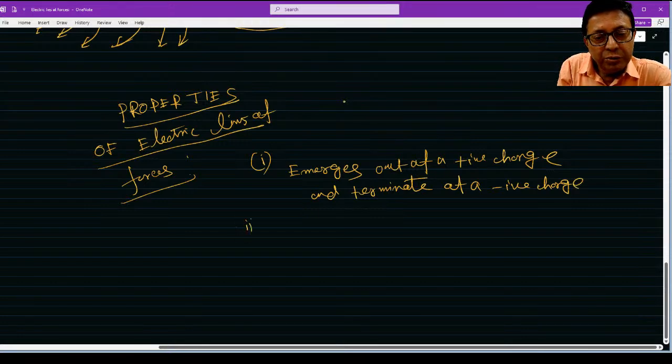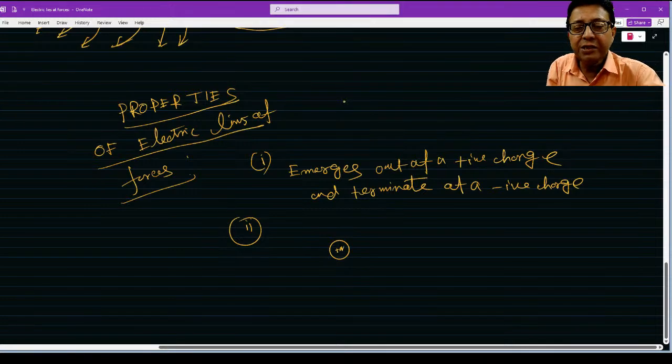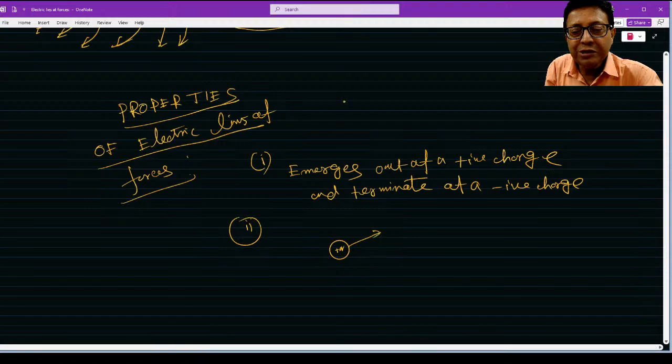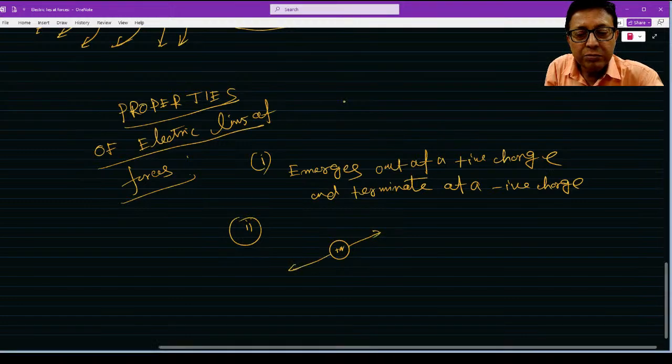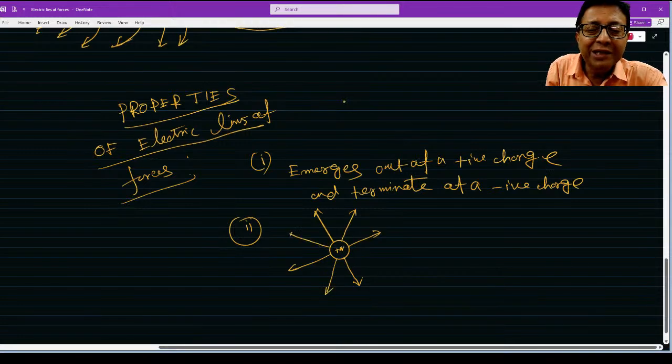Number two, see, when they're coming out, suppose you have kept some positive charges inside this surface. Lines of forces are really outward. So when they are coming out of the surface, they will be perpendicular to the surface. When they meet, then also it will be perpendicular.